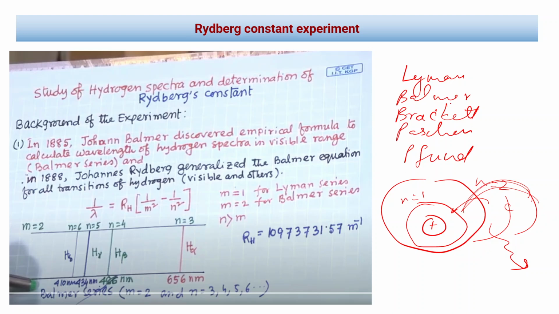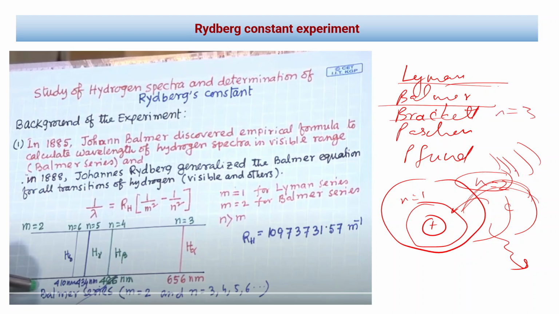So what forms the Lyman series is, when an electron jumps from any excited, high energy level to the n equal to 1 shell, then whatever light comes out, we call it Lyman. When an electron from a higher level comes down to the n equal to 2 shell, we call it Balmer. Similarly, Brackett means from a higher level the electron jumps and comes to n equal to 3.